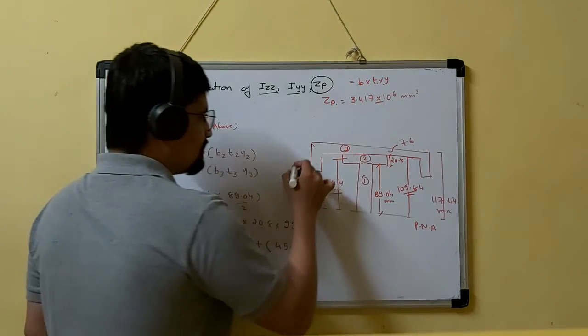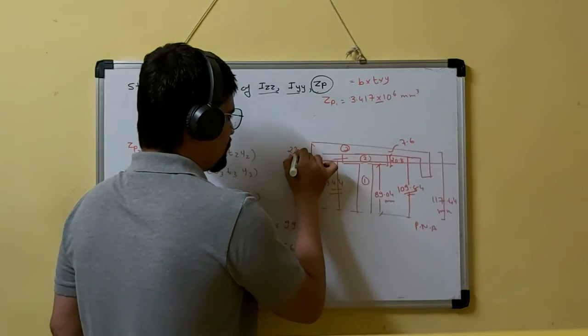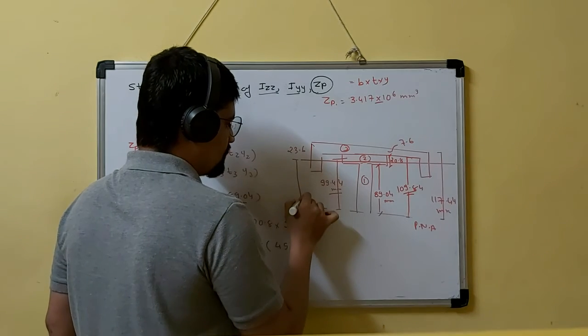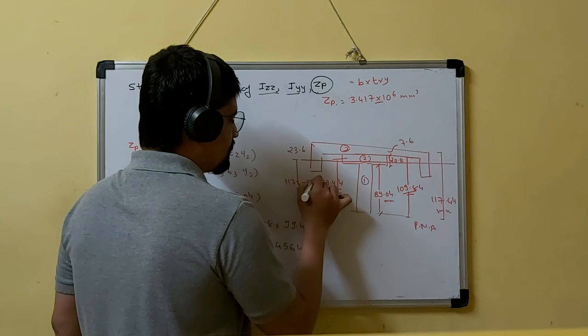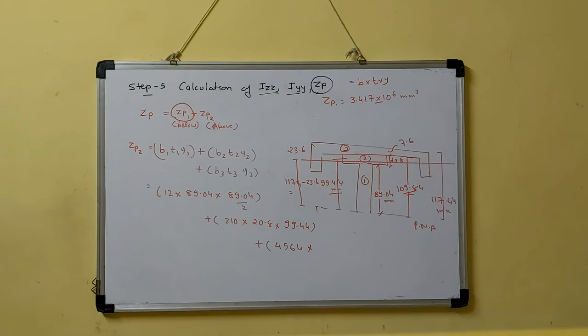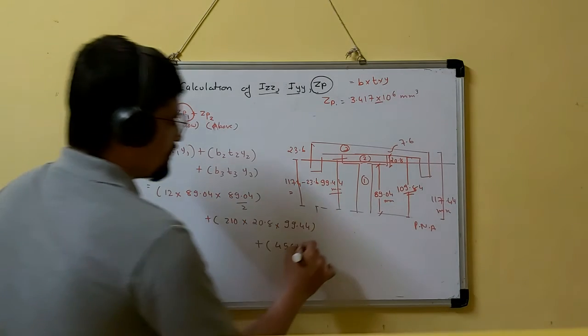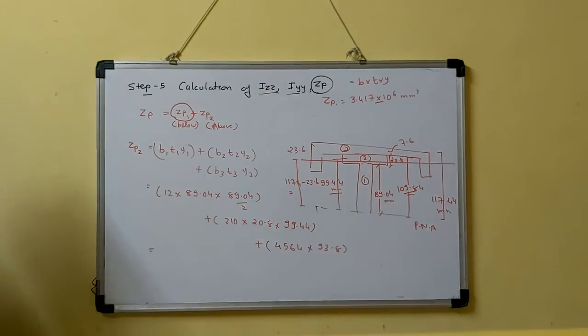Y3 is the distance from the CG. The CG distance is 23.6, so Y3 is 117.4 minus 23.6, which is 93.8.